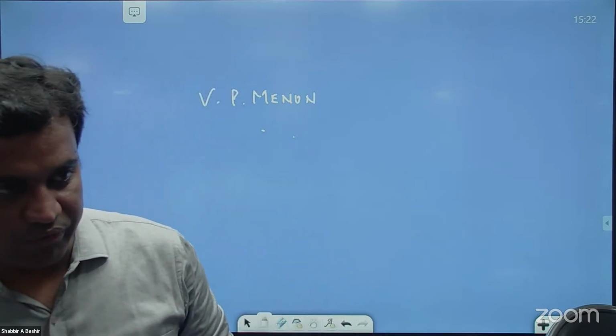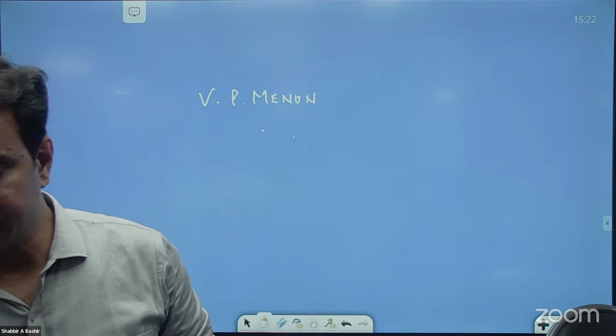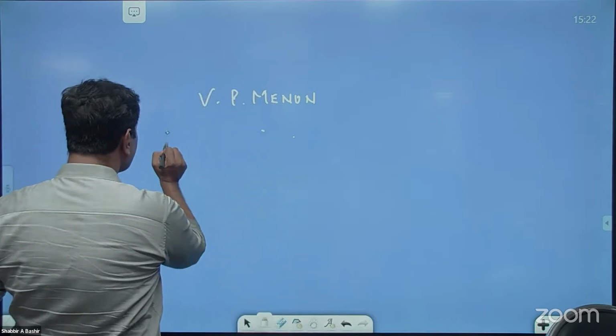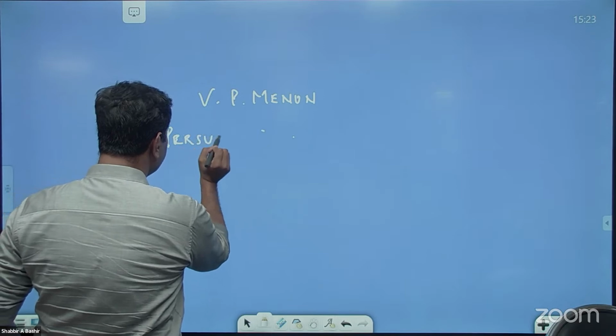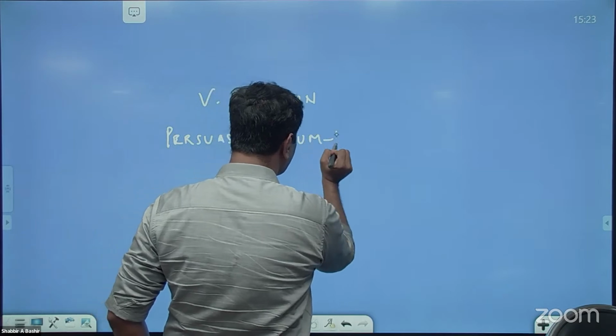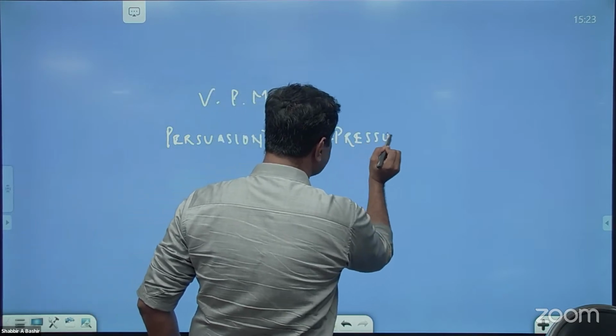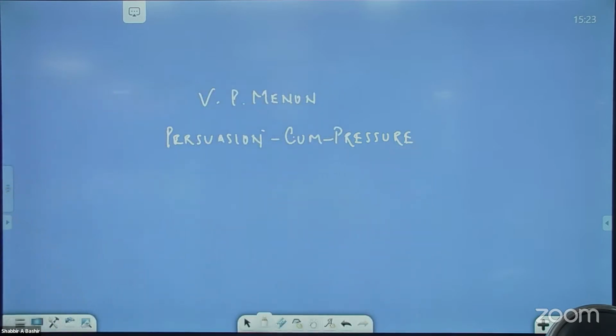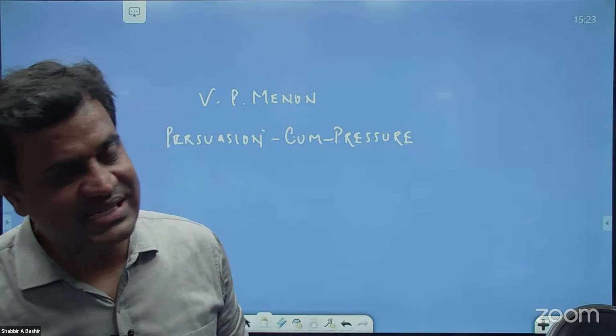His secretary, VP Menon. Clear? Right. Sardar Vallabhbhai Patel adopted the strategy of persuasion cum pressure to integrate the princely states.